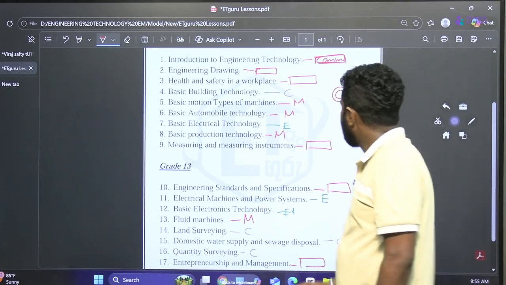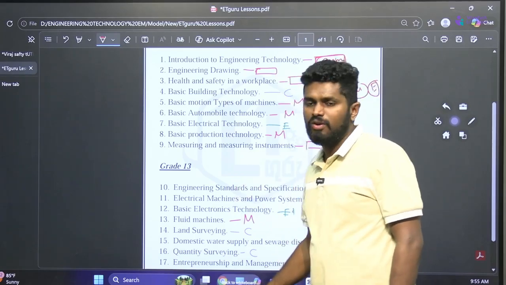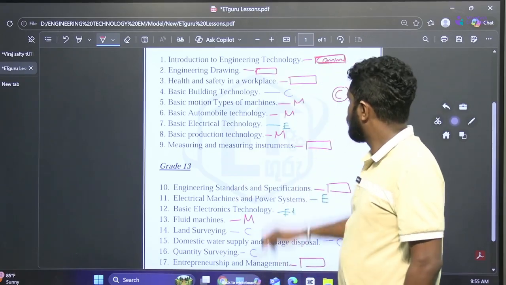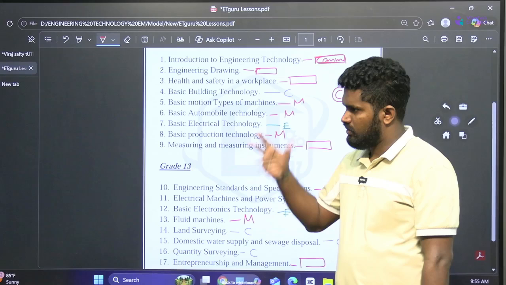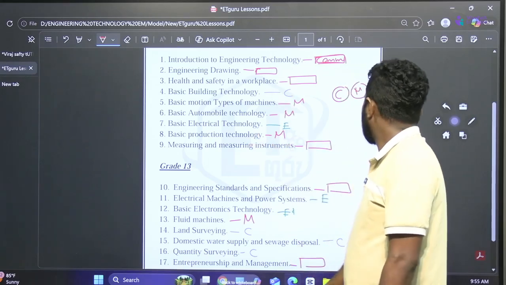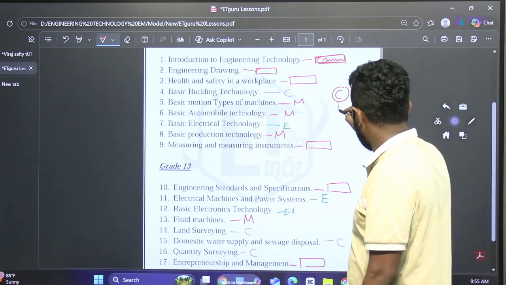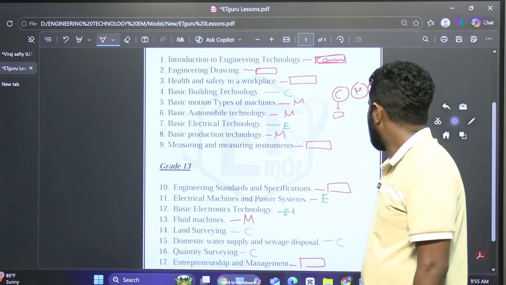And Putra, I have put the boxes for the common lessons. The first common lesson is about the industrial revolution from the start to now, and engineering drawing. In the construction field we build buildings.